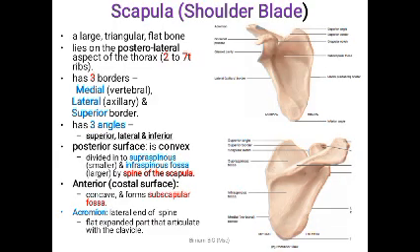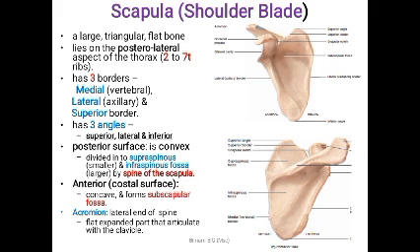The scapula, or shoulder blade, is a large triangular flat bone that lies on the posterolateral aspect of the thorax, over ribs 2 to 7. It has 3 borders: medial or vertebral, lateral or axillary, and superior. It has 3 angles: superior, lateral, and inferior.